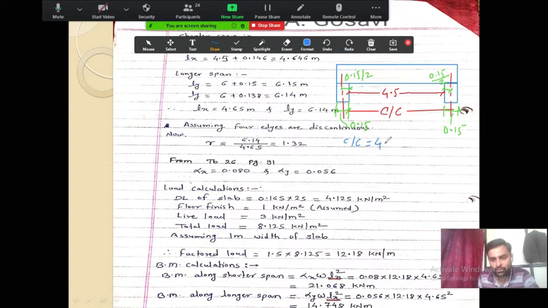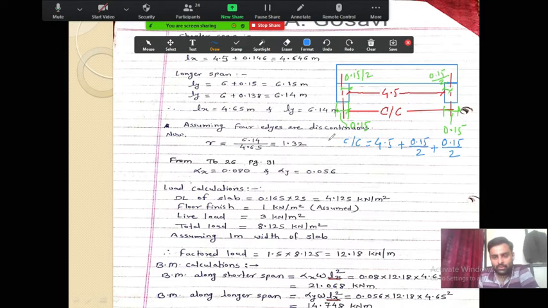It is 4.5 clear span plus 0.15 by 2 on this side, plus on the other side again 0.15 by 2. If you do this calculation you will get the effective span.